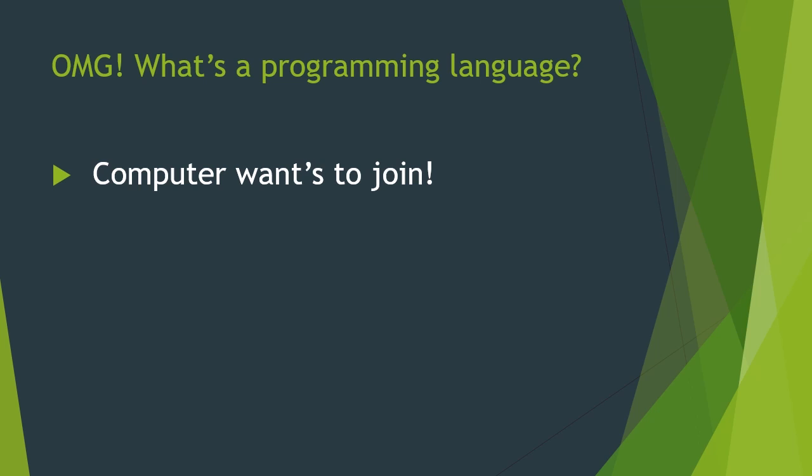So a programming language is a language that is easier for us to understand than plain machine code. Machine code is not easy to understand. Sorry, it's very hard to understand, and it's very hard to get a hold of. And this is where the compiler comes in.